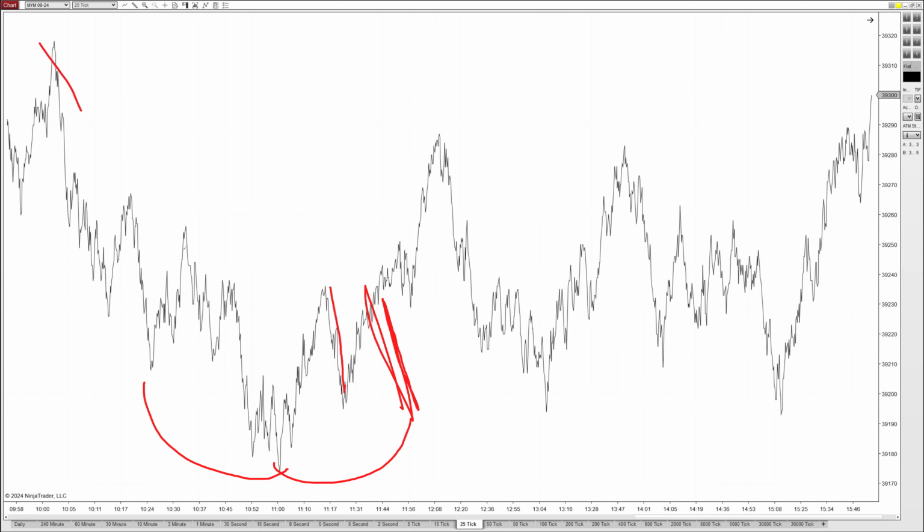You would have that channel break in your favor. So your trigger point would be a break of this channel here, and that would be your trigger for a Phoenix. So in this case, it didn't materialize, but that's where it would have been if it did. And that's something I was watching for to get a continuation move. It just didn't set up.